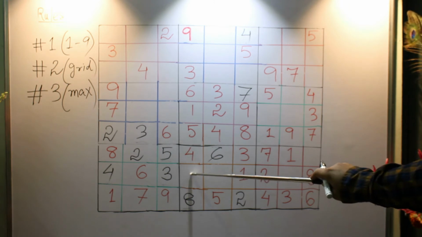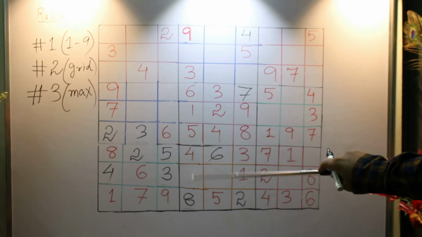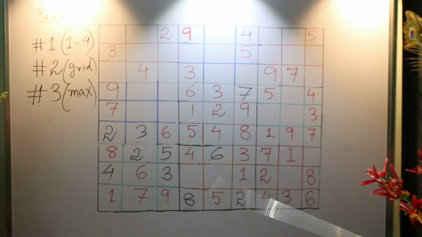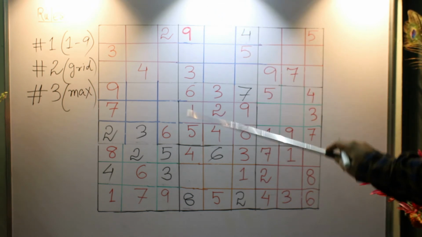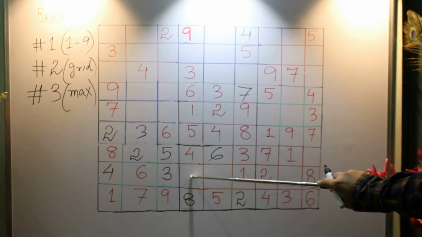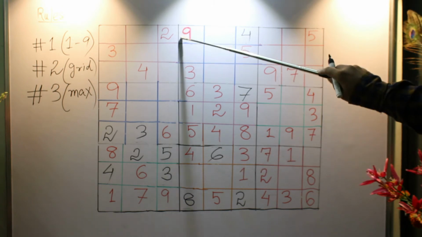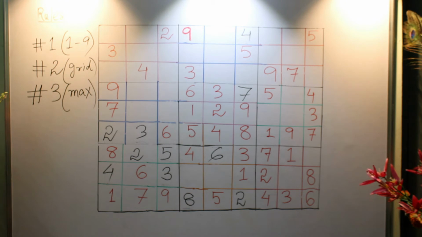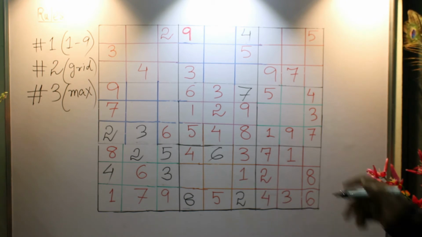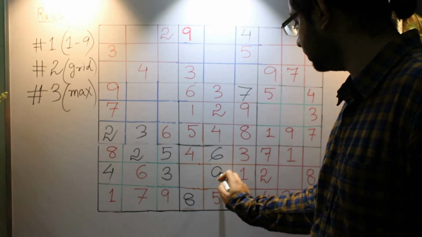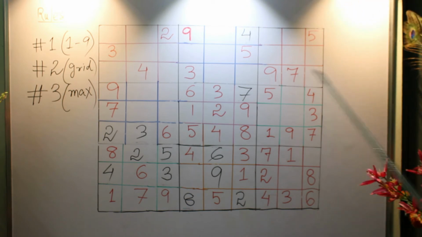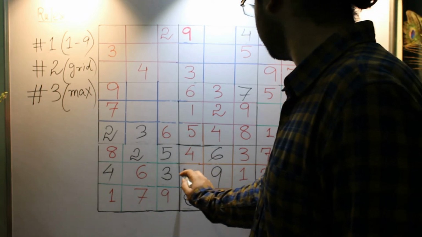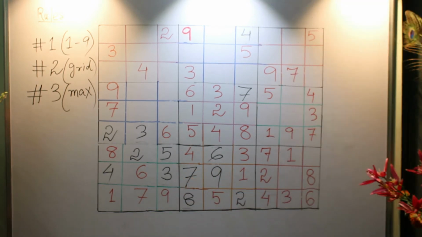But I don't know where to place 7 and 9, because there is one clue. 9 we cannot place here because of this 9. And so the place where I can put 9 is here. The number which is now left for this grid is 7. Correct?